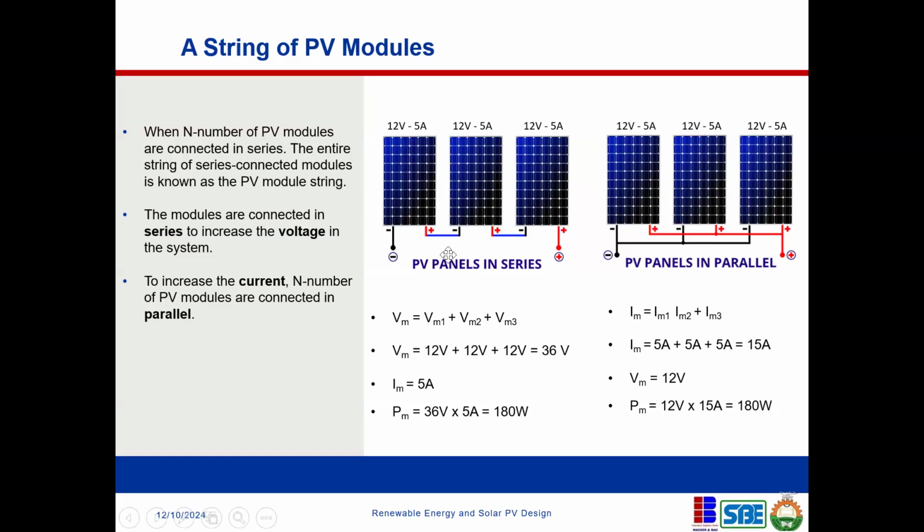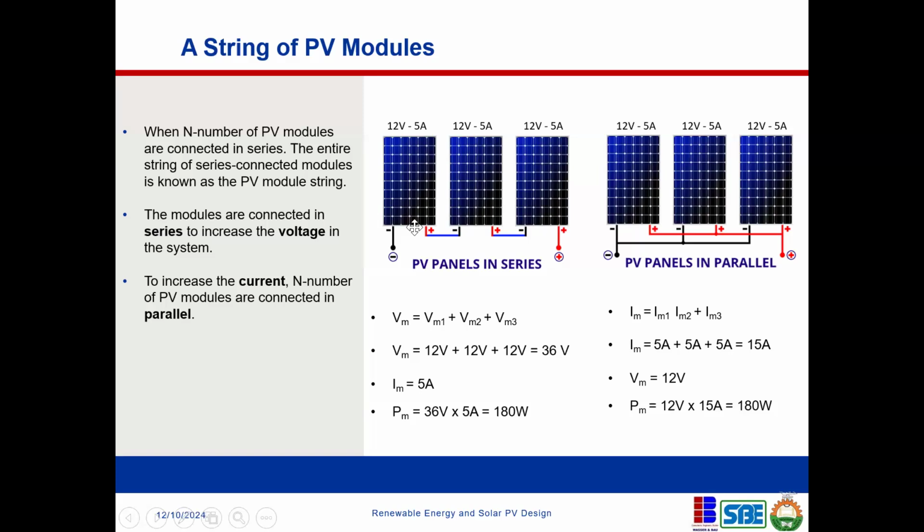So now this system is connected in series. Okay, so when you connect them in series, you're increasing the voltage. So you have 3 systems that are connected in series, so this is going to be 36 volts. The voltage of the first module plus the voltage of the second module plus the voltage of the third module, 12 volts each, because you connect them in series. Now your current will remain the same.